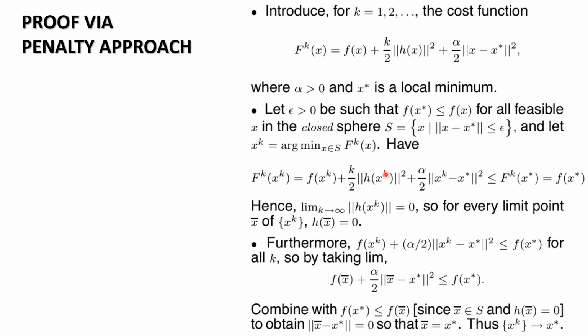So we are making this term equal to 0, hence f_k(x_k) is less than or equal to f_k(x star).